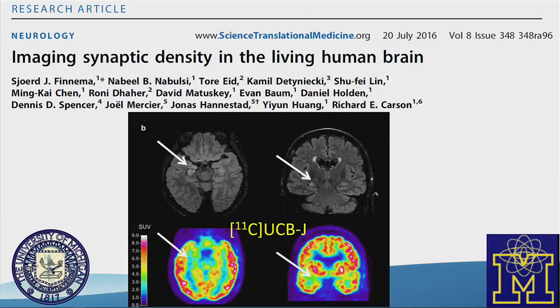So this agent has the possibility of even more specifically targeting synaptic neuropil in general, as opposed to relying on GABA-A receptors to reflect that same thing.